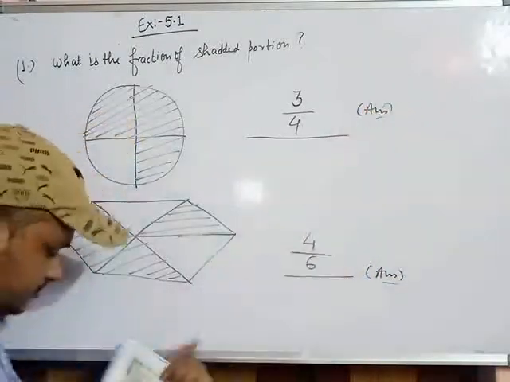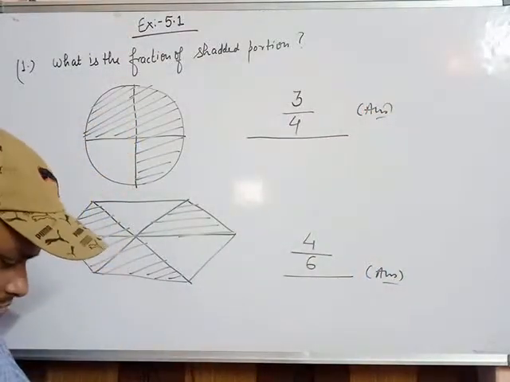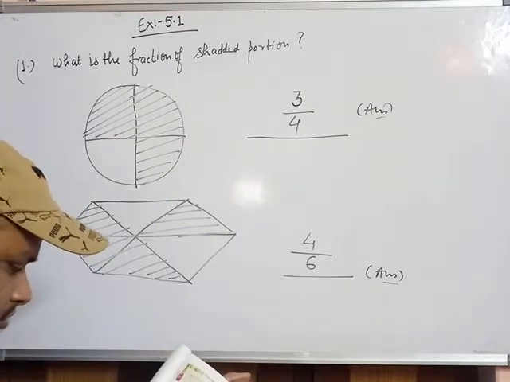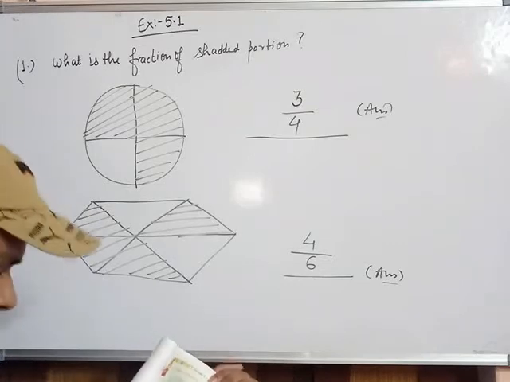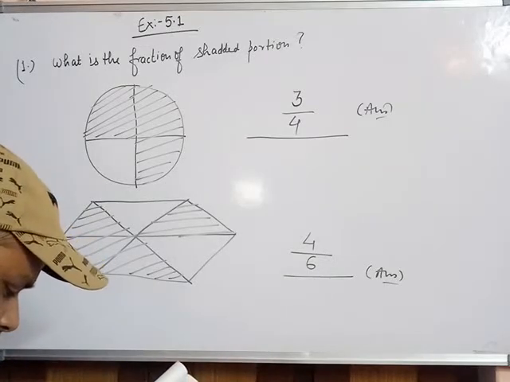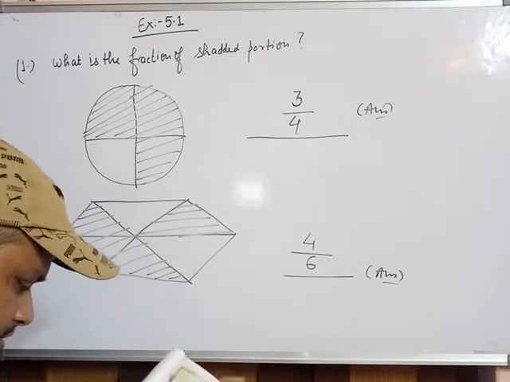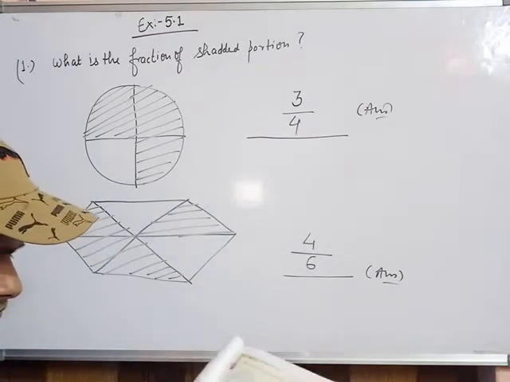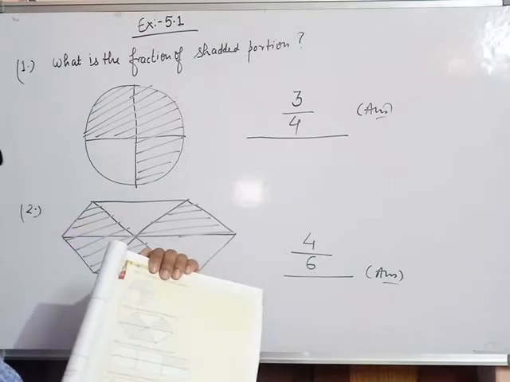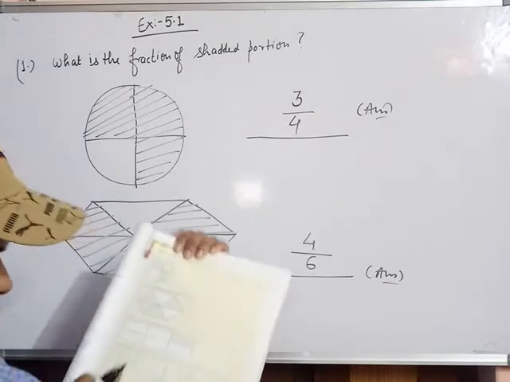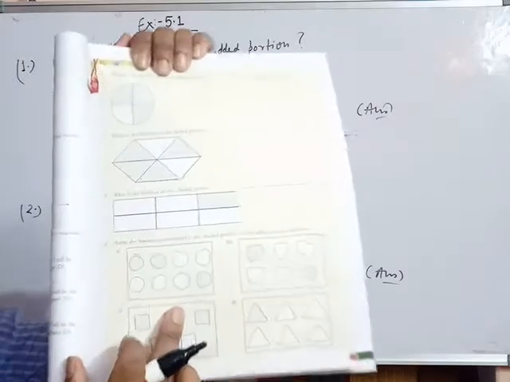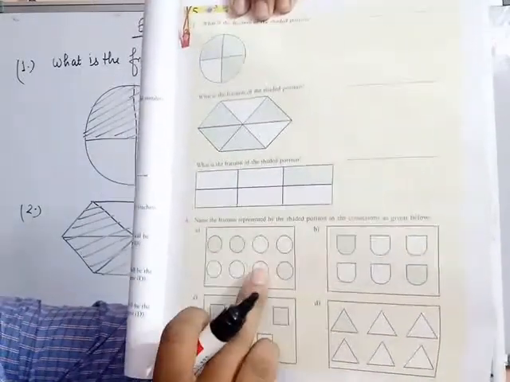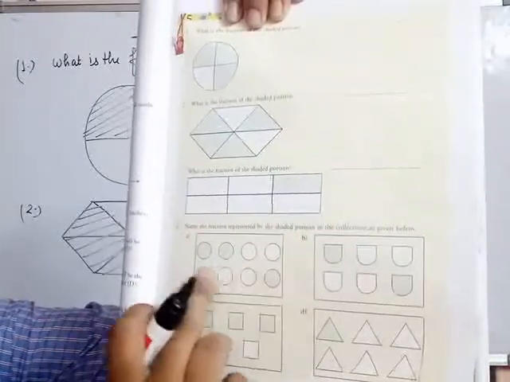Now students, you have to solve question number 3 by yourself, and in question number 4 there are also some questions given which you have to solve with the help of this figure. Here the total number of circles in this figure is 1, 2, 3, 4, 5, 6, 7, 8.